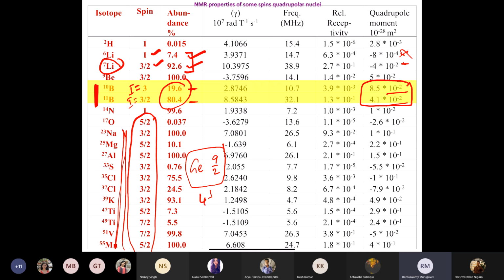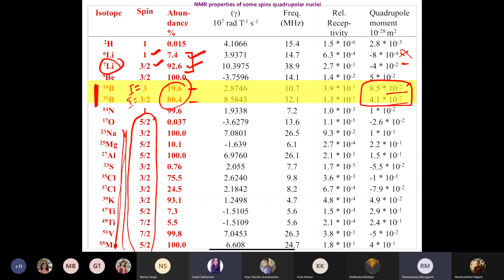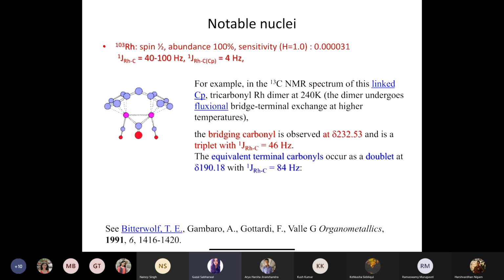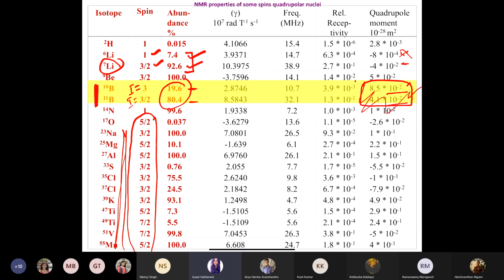Sir, what do you mean by negative relative receptivity? For lithium and all, they have relative receptivity negative. It's not negative.